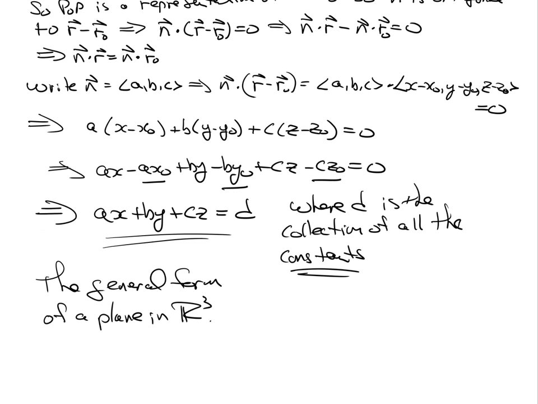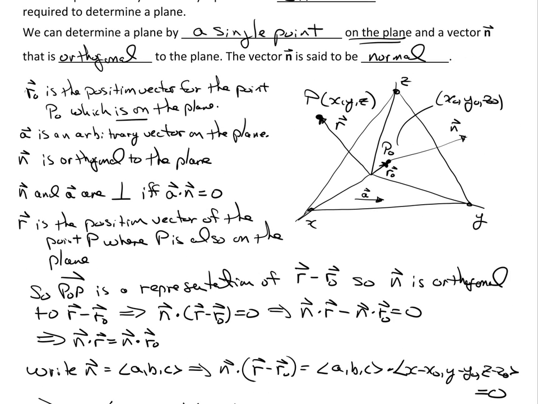So what we've done is we've taken this known point and a vector that is orthogonal to the plane, and then this P is an arbitrary point.